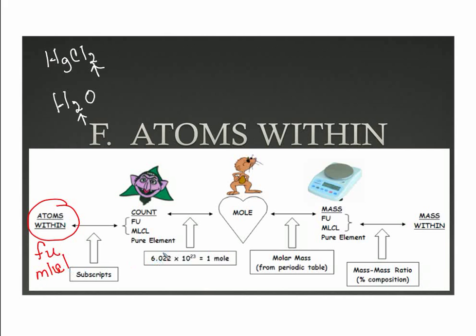Now, actually, you can do this step in 2 different places. We can do it here. Let me get you a little bit more complicated one. Let's say we have C6H12O6.